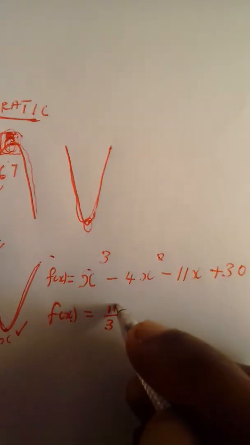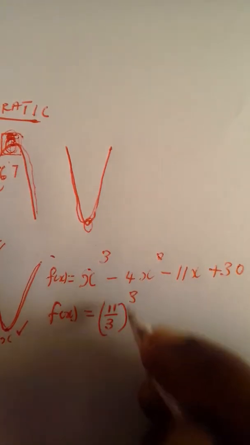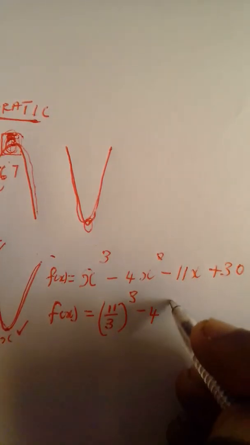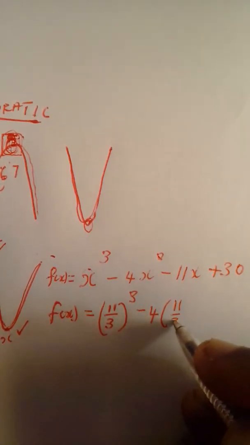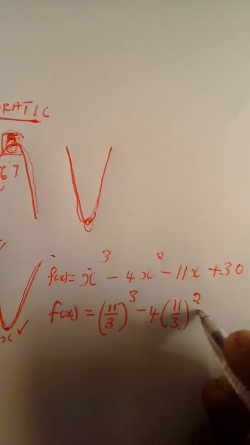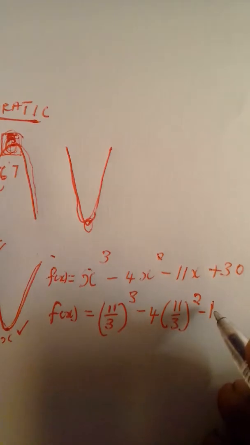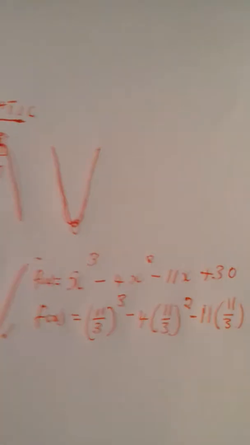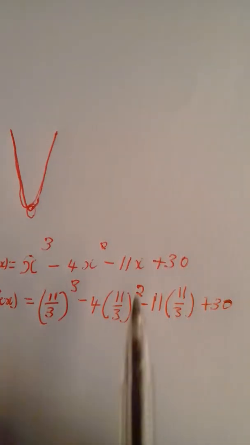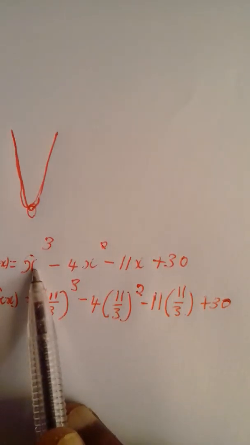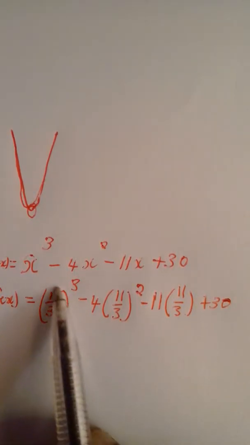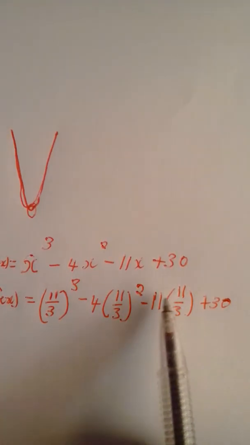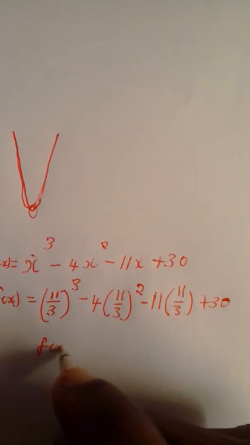So it's going to be 11 over 3 cubed minus 4 into 11 over 3 squared minus 11 into 11 over 3 plus 30. Okay guys, wherever there is x, I was substituting it with 11 over 3, so that I can find the turning point of y.